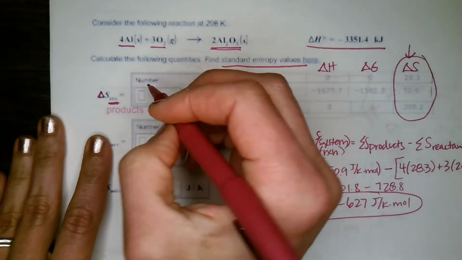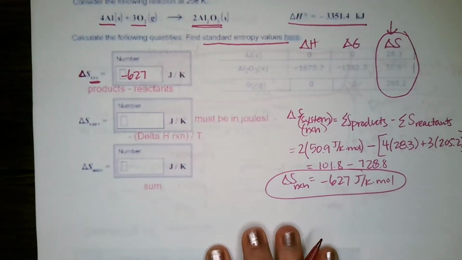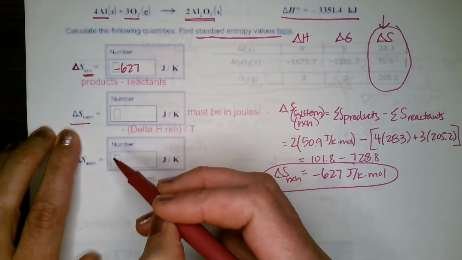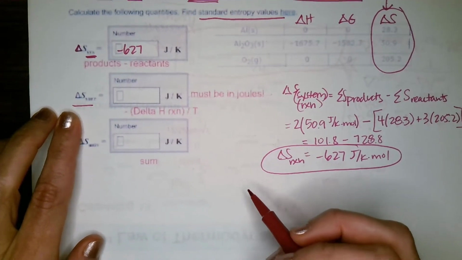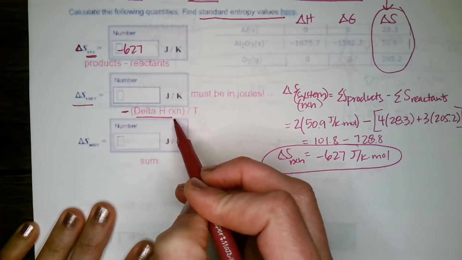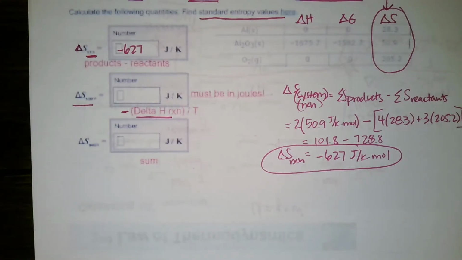So we're going to plug that in here, negative 627 joules per Kelvin mole. Now, let's calculate the delta S of the surroundings. And the surroundings is when we do the opposite of delta H of the reaction divided by the temperature in Kelvin.